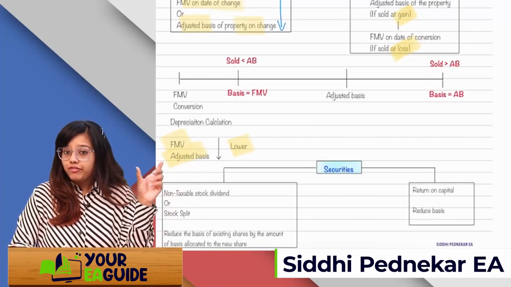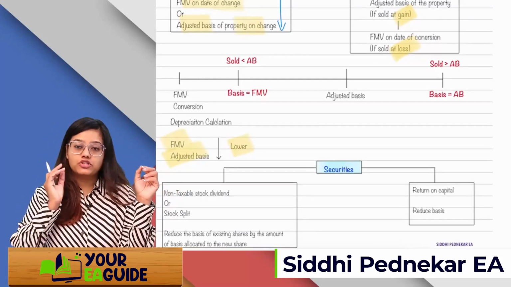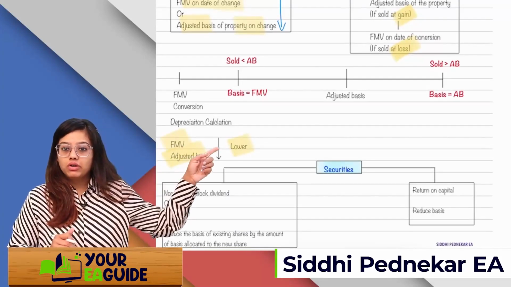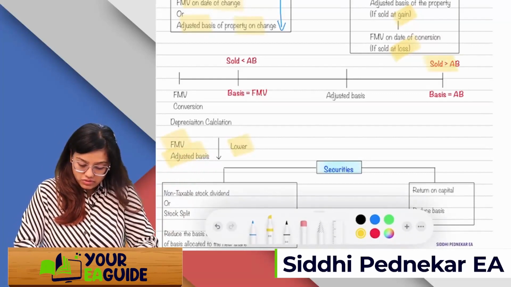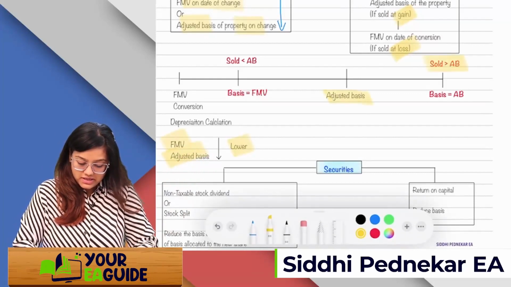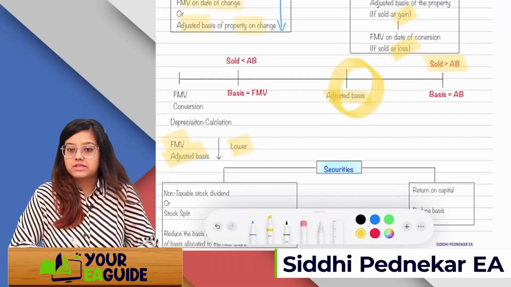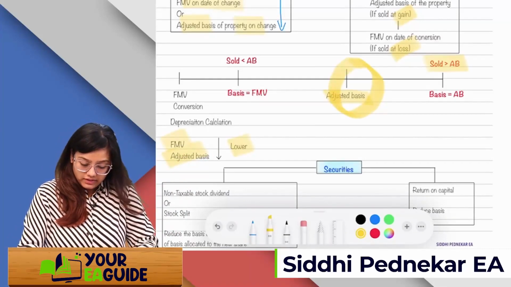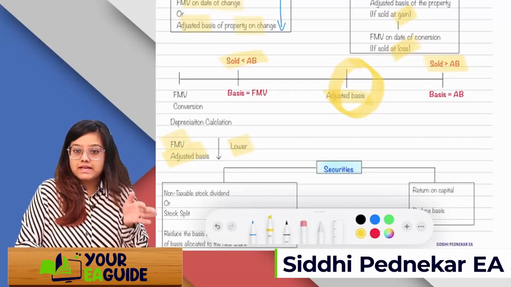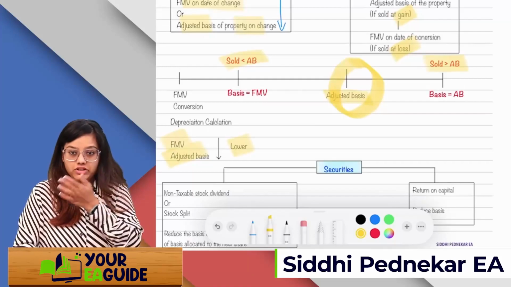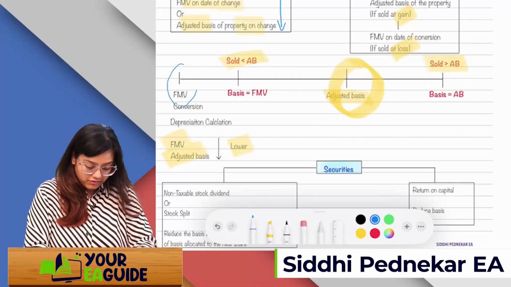If your selling price is more than your adjusted basis, then your basis will be the adjusted basis. Next, if your selling price is less than the adjusted basis, the basis will be the FMV.